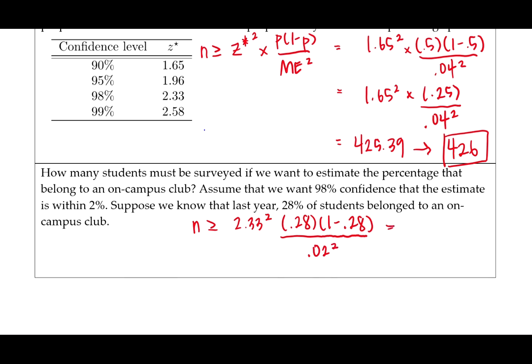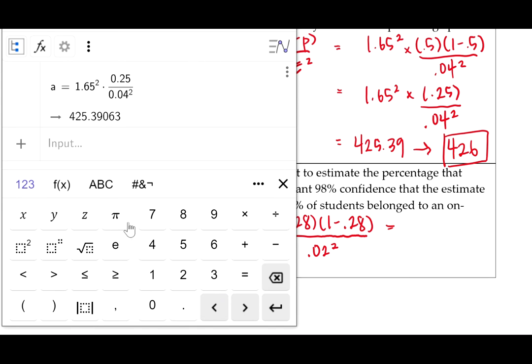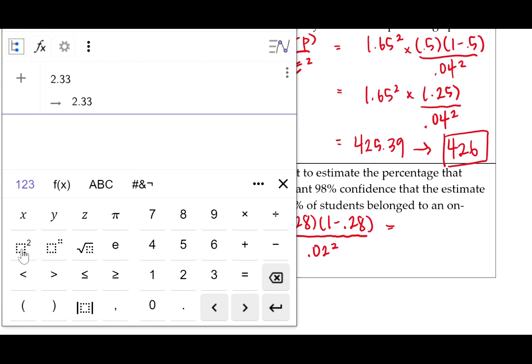And I will use GeoGebra again to calculate this. So my critical value was 2.33. 2.33 squared. And then I'm going to multiply times 0.28 times 1 minus 0.28.